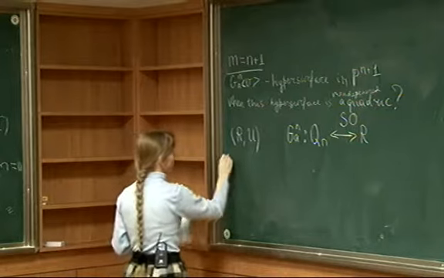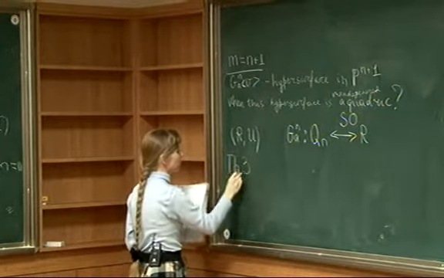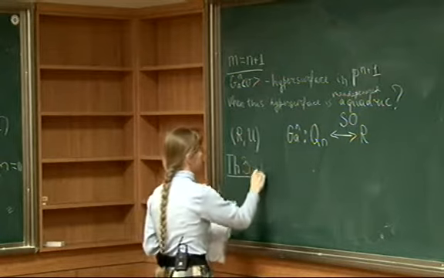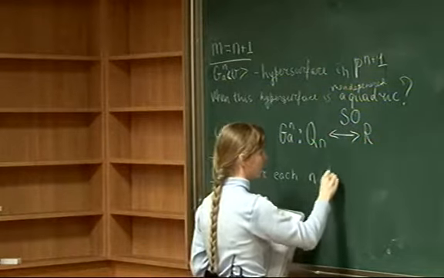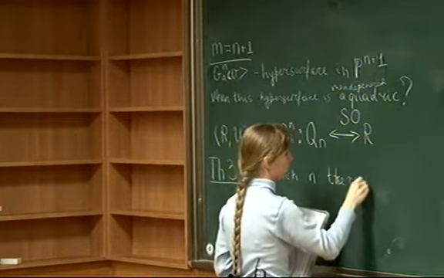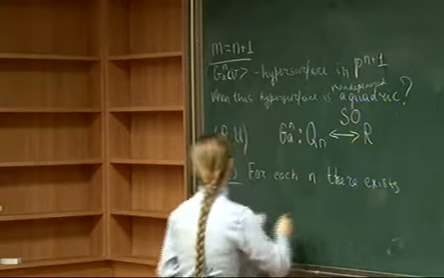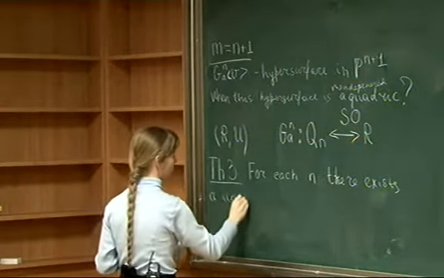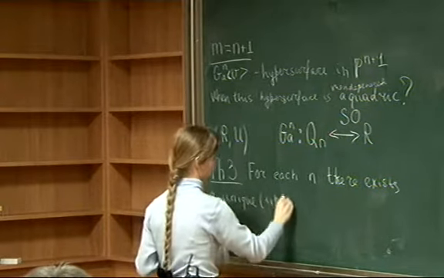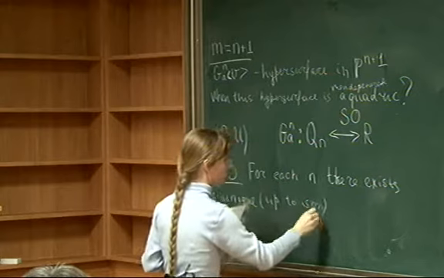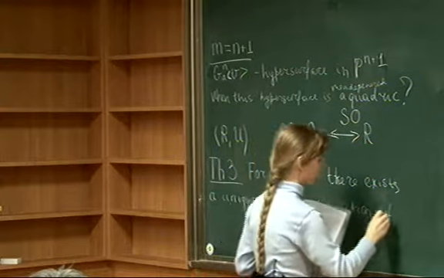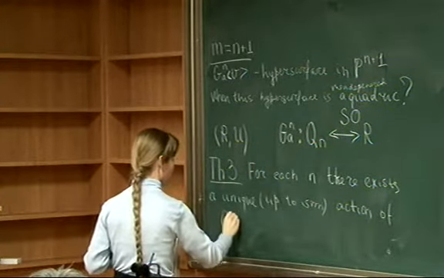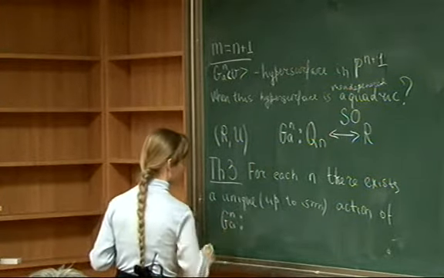And the main result of my work is the third theorem: for each n there exists a unique, up to isomorphism of course, action of the group G_a^n on the non-degenerate quadric Q_n.